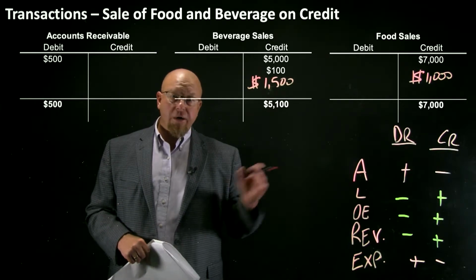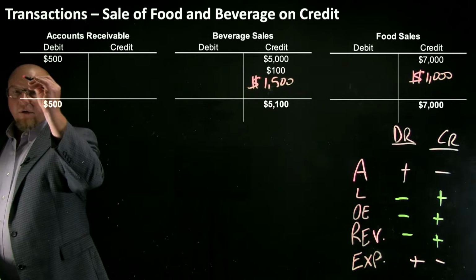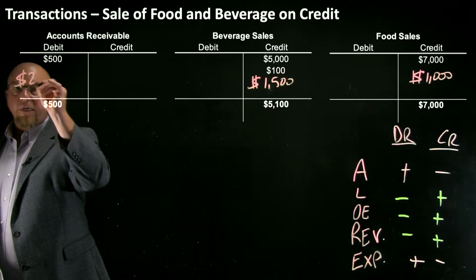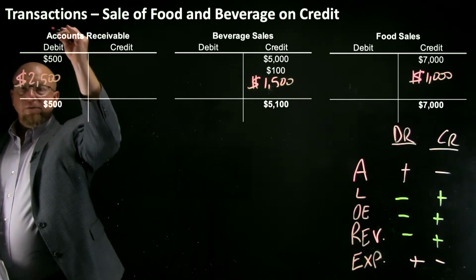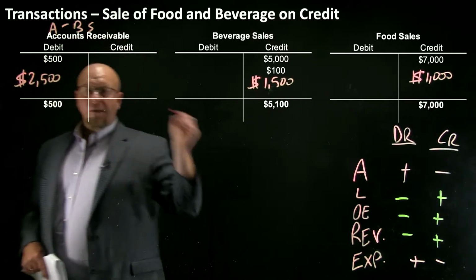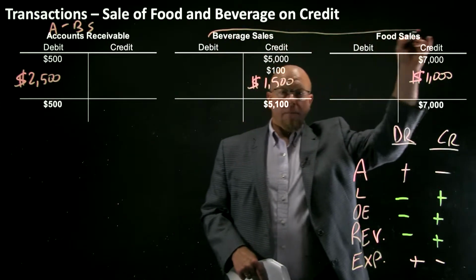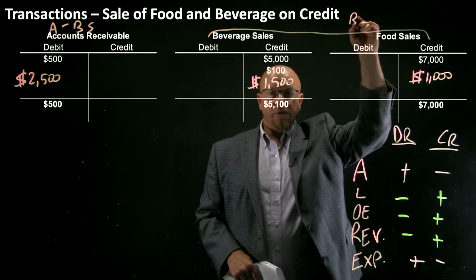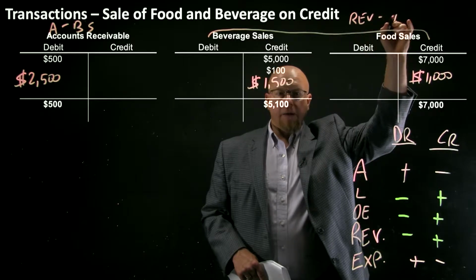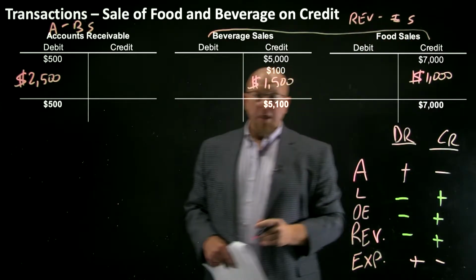So what we're going to see here is instead of receiving cash, we have this asset called accounts receivable that's going to increase. As a reminder, accounts receivable is an asset that is listed on the balance sheet. Beverage and food sales, both of these are revenue accounts that get reported on an income statement for a particular period. Okay?